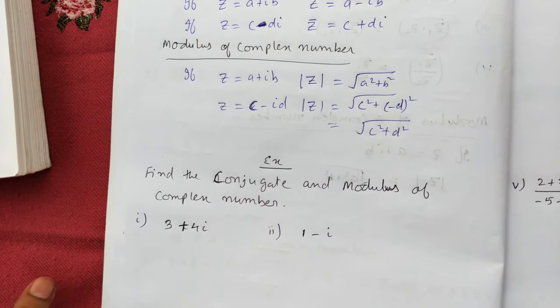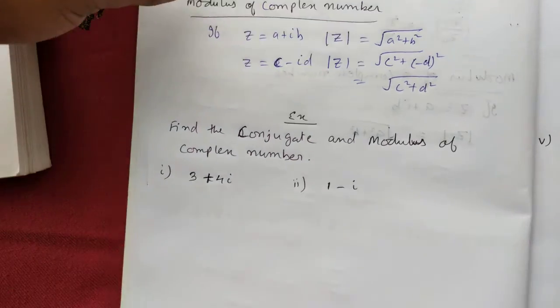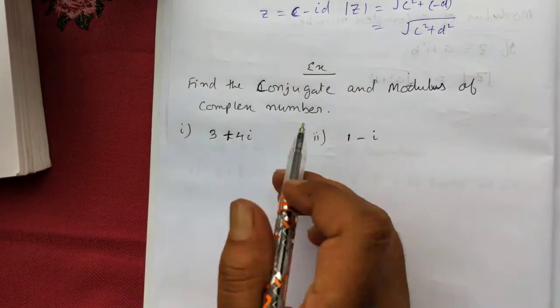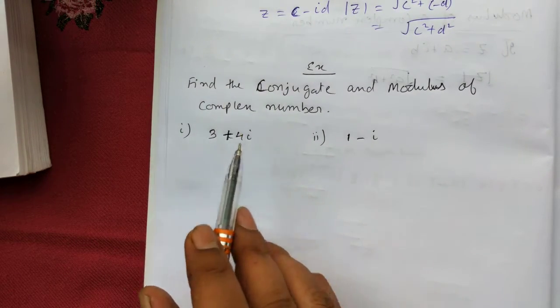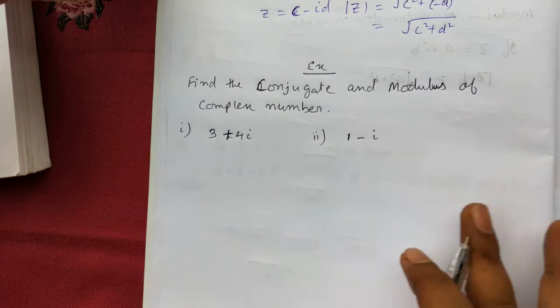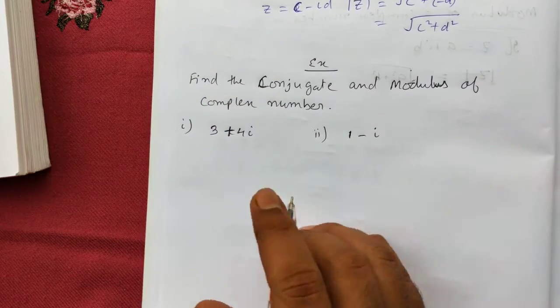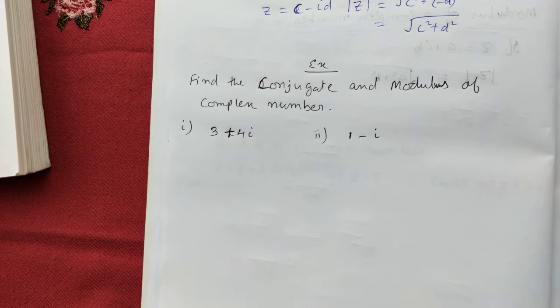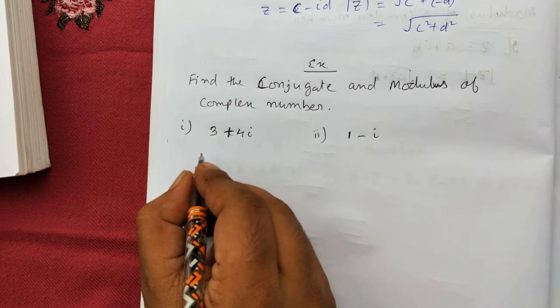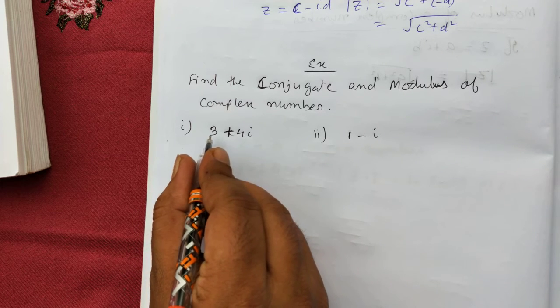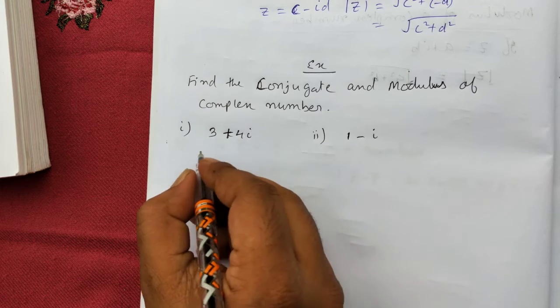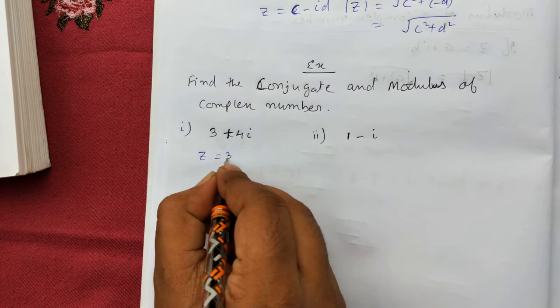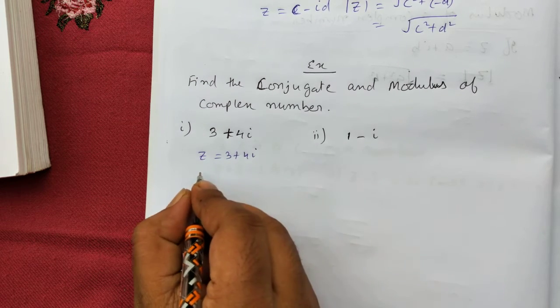Okay, let's do some questions based on this. Instead of doing exercise 2.3, I'm just giving you an idea of the conjugate and modulus for this session. Suppose z is 3 plus 4i. How to find the conjugate?